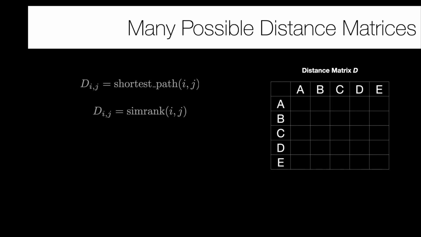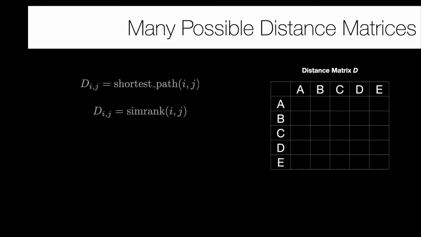Now, I've provided a distance matrix using the shortest path construct. You could easily do the SimRank construct as well. So a distance matrix whose columns are made up of SimRank vectors is actually, I suppose, more of a similarity matrix than a distance matrix. You could invert them to go from similarity to distance matrices, as one might expect.